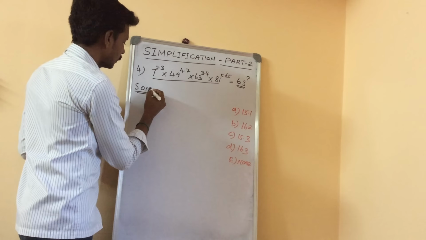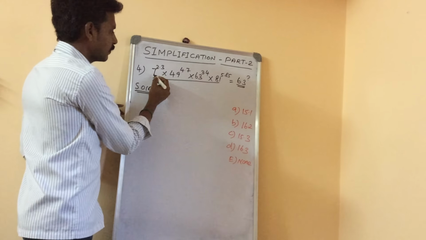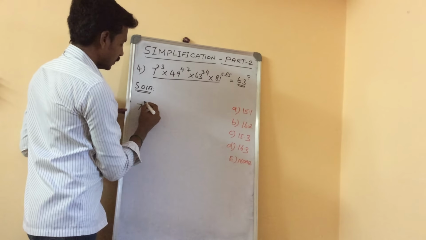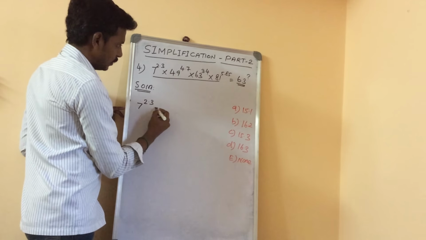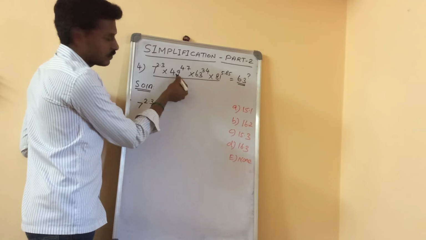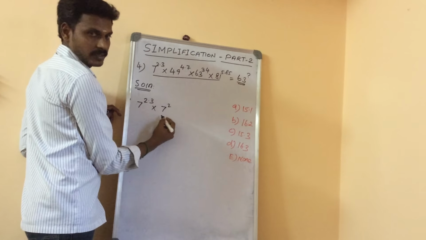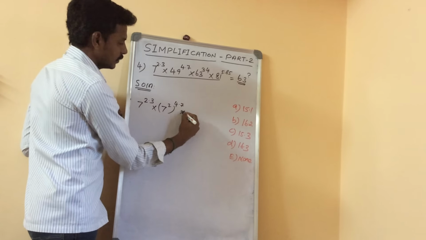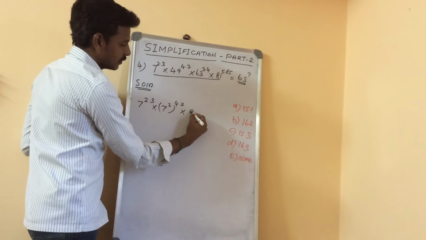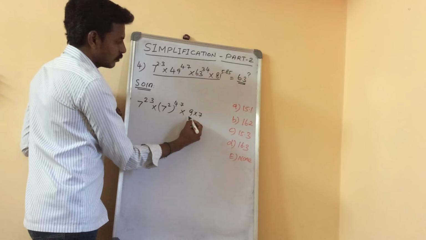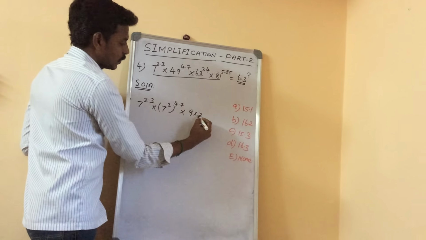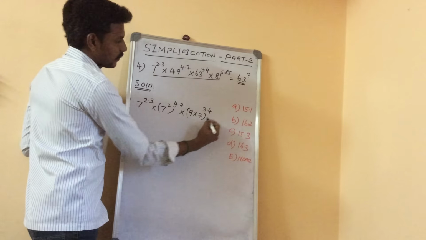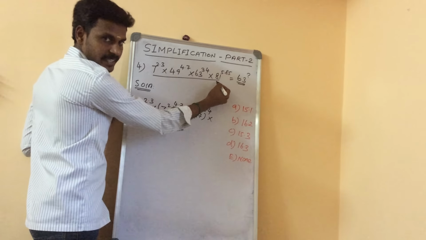Let's move to the first step. 7 power 2.3 into 49 power 4.7, okay? So 7 power 2.3 into, we can take 49 as 7 square, right? Whole power 4.7 into 63. So we can take 9 into 7, right? Then only we can identify the power of 63. So 9 into 7 power 3.4 into 81, right?